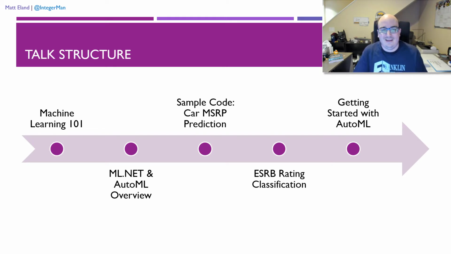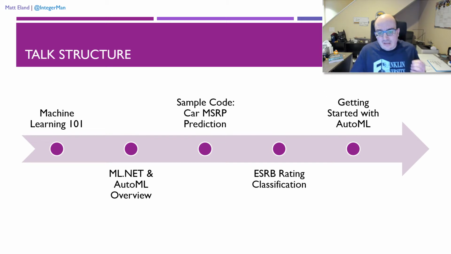That's going to be an example of regression, and we'll talk more about what regression is in a bit. And then the bulk of the talk is going to be focused on using multi-class classification in ML.NET's automated ML to predict ESRB video game ratings. And we'll close with a brief discussion of how you can get started with ML.NET and what are some good resources available to you to get started.